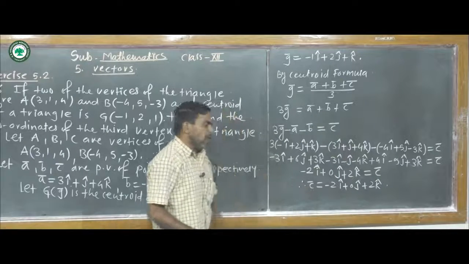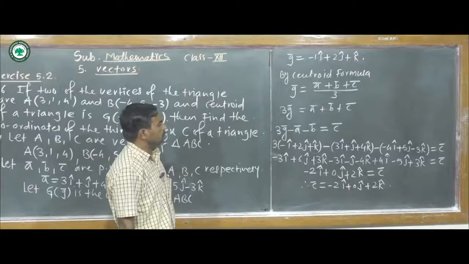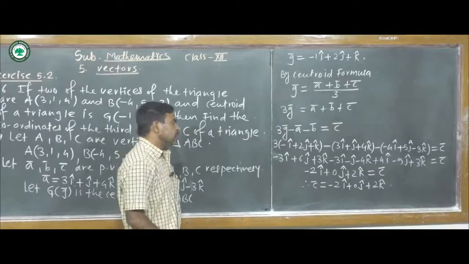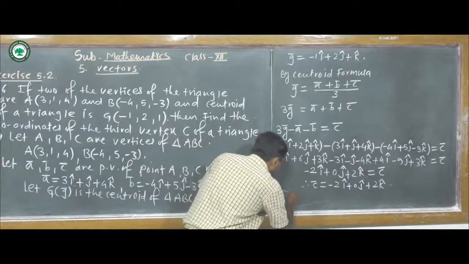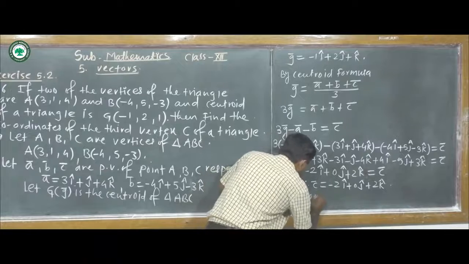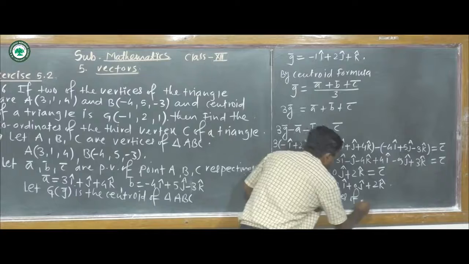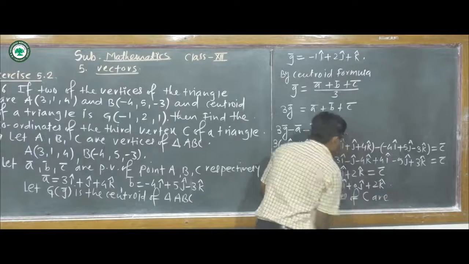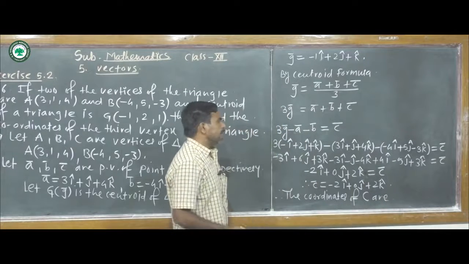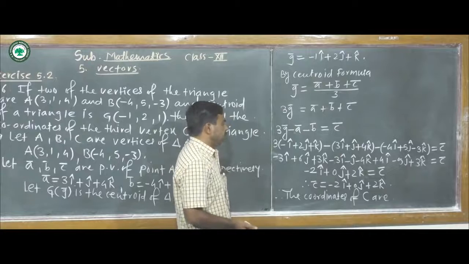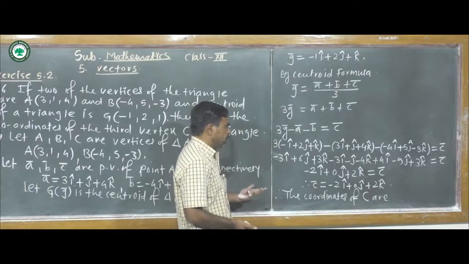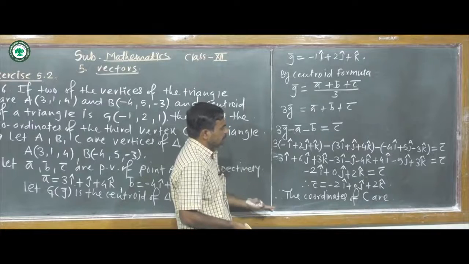Now small c bar is the position vector of the point capital C. Therefore the coordinates of capital C are, see, we know that if x into i cap plus y into j cap plus z into k cap is the position vector of the point P, then the coordinates of that point P are x, y, z.